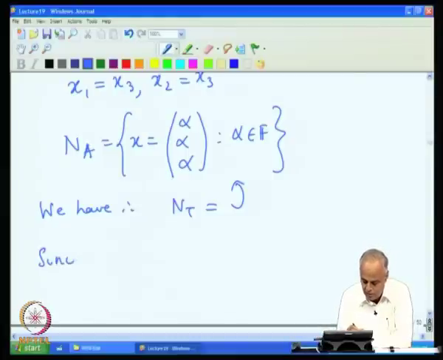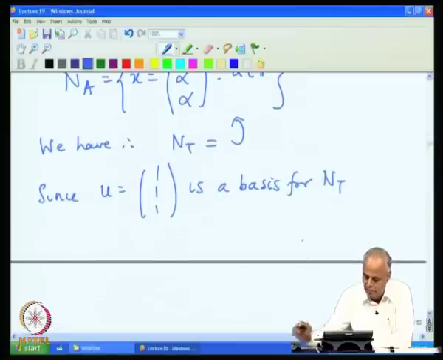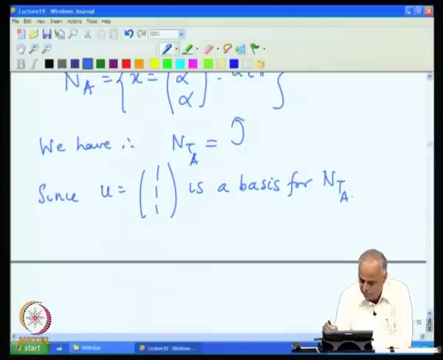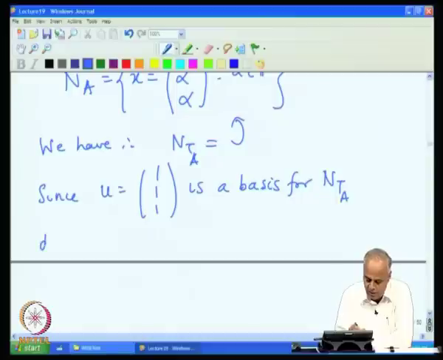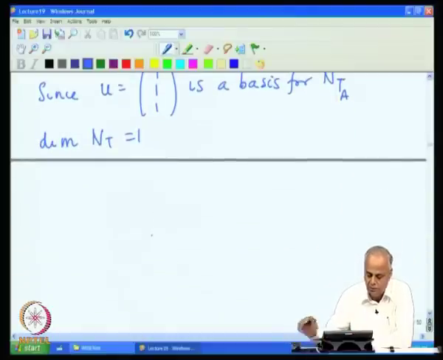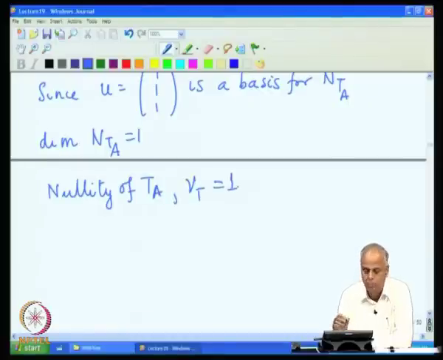Since the vector (1, 1, 1) is a basis for N(T_A), and since the basis has exactly one vector, and the number of vectors in a basis is called dimension, we get dimension of N(T) is 1, and this dimension is called nullity. Therefore, the nullity of T_A, which is nu(T), is 1.